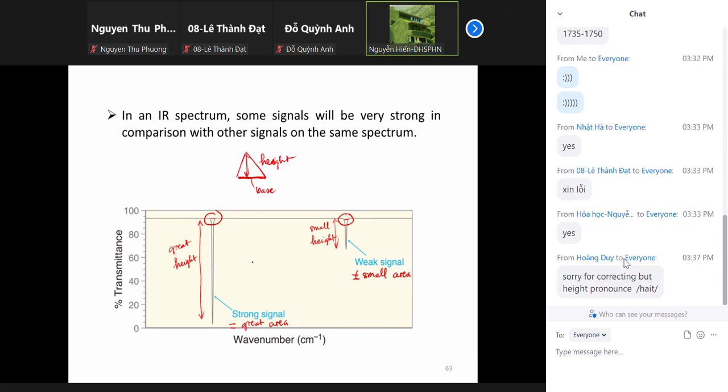I always pronounce this as head, from 5 years old till now, so I will have to correct it as height. So we compare the height of these two peaks, and you see that the one on the left is greater, and therefore you have a greater area. Greater area means strong signals, and small area means weak signals.